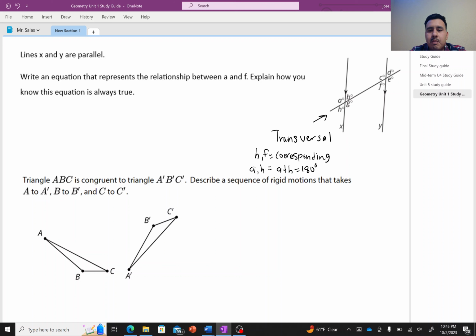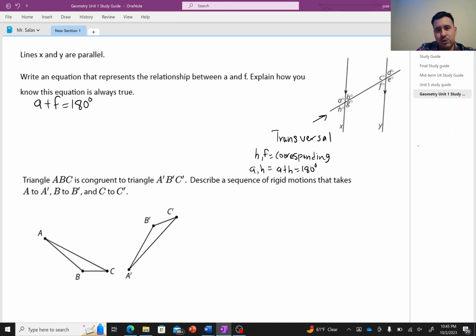So now, can I say that A plus F is also going to be 180, since we know H and F are corresponding angles? Yes, we can. So the equation that I can write is A plus F is equal to 180.